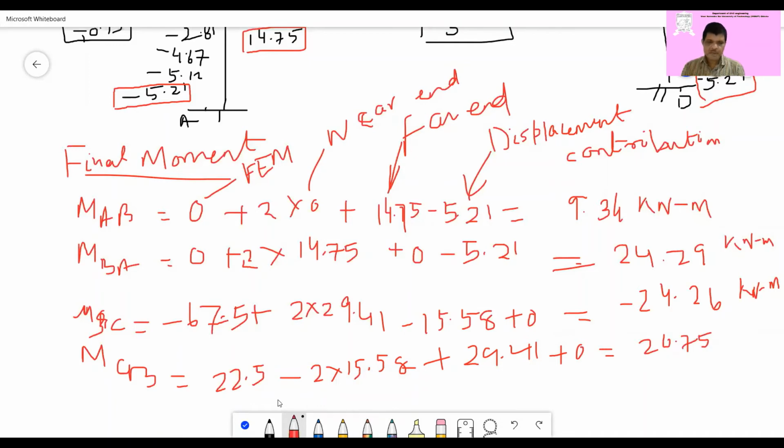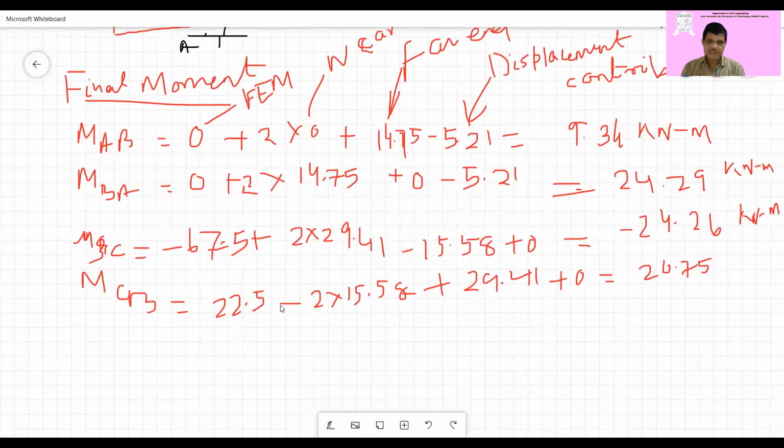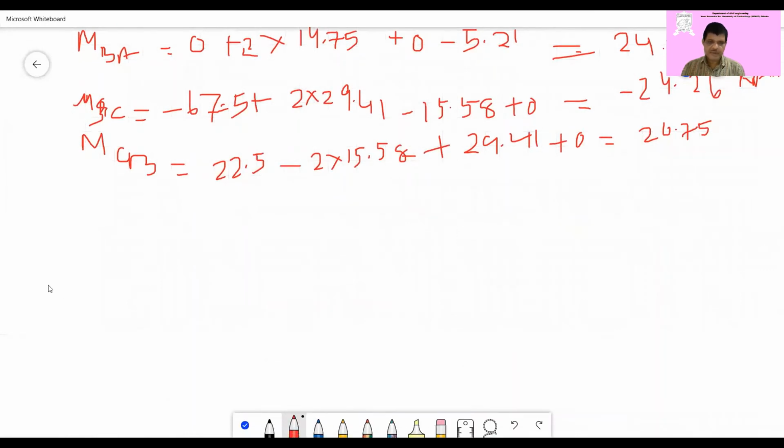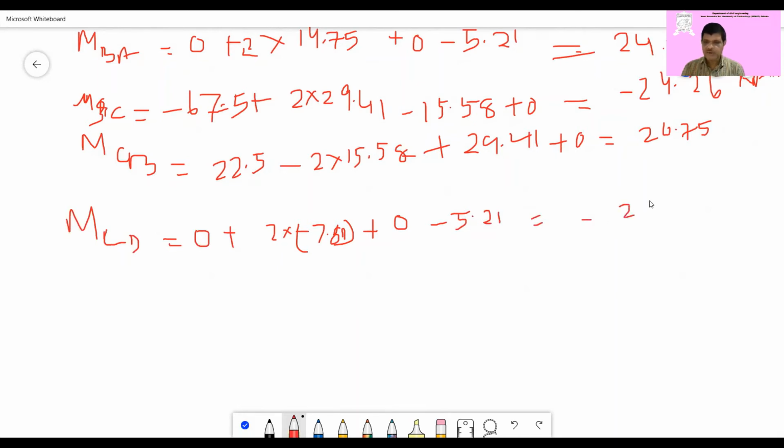And then MCD will be 0 is the fixed end moment plus 2 times minus 7.81 is your near end contribution, and plus 0 is the far end contribution, plus minus 5.21 is the displacement contribution. So this comes out to be again minus 20.8.